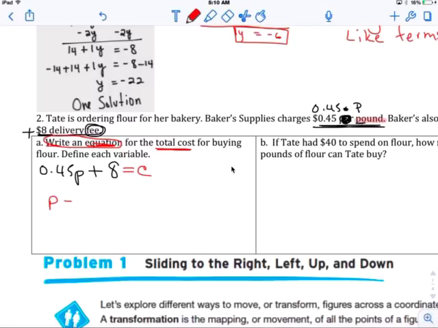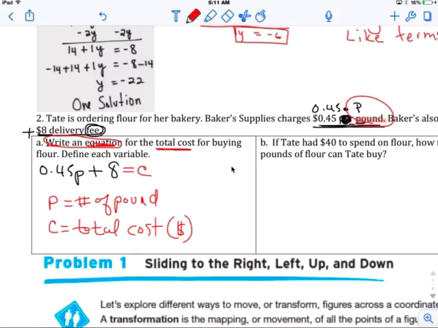So P represents the number of pounds. C represents the total cost in dollars.